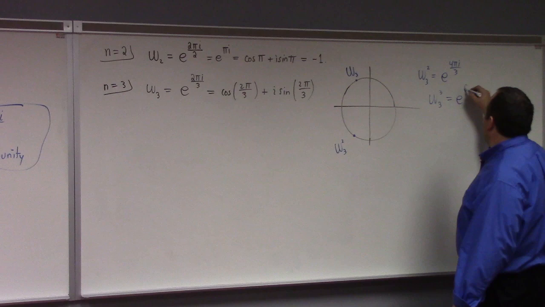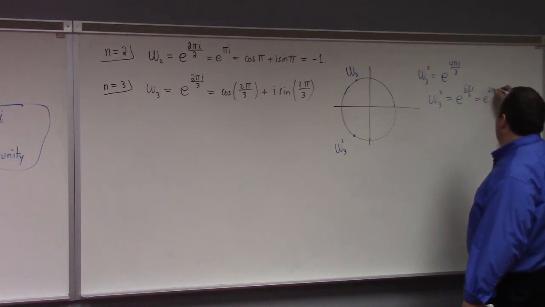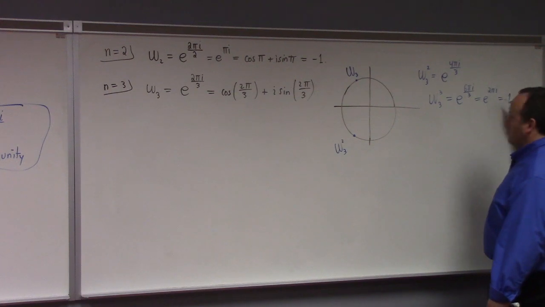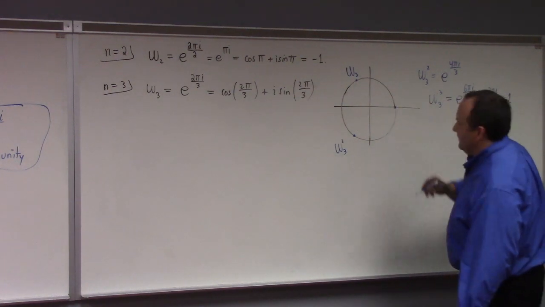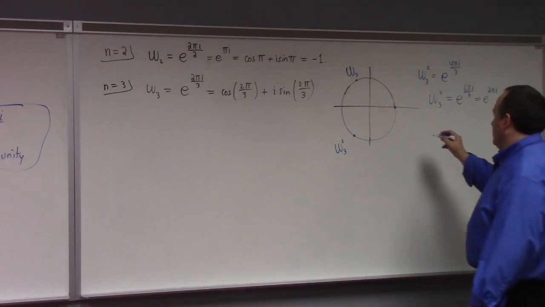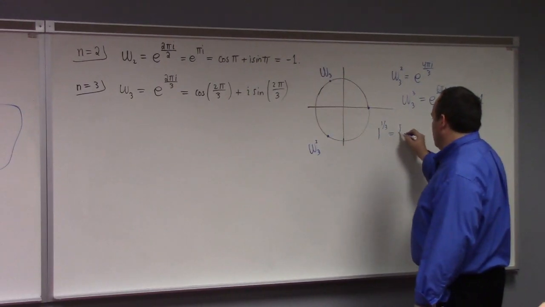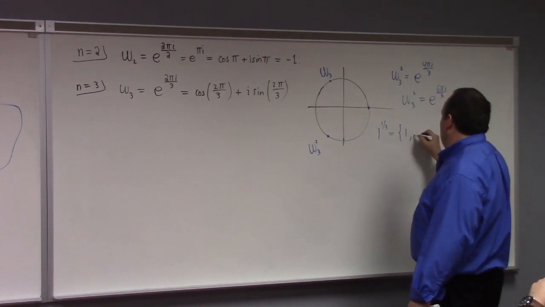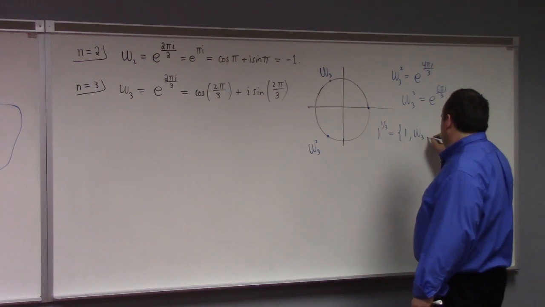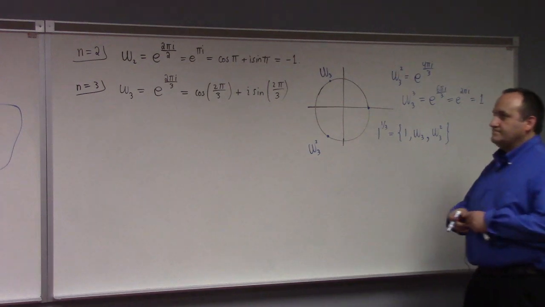We get e to the 6 pi i over 3, also known as e to the 2 pi i, also known as 1. So, if we look at 1 to the 1/3 power, it contains 3 things. It contains 1, it contains the principal third root of unity, and it contains the principal third root of unity squared.